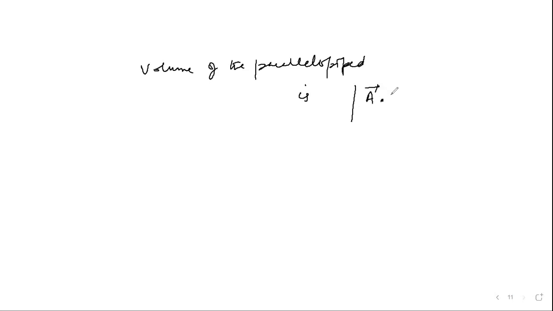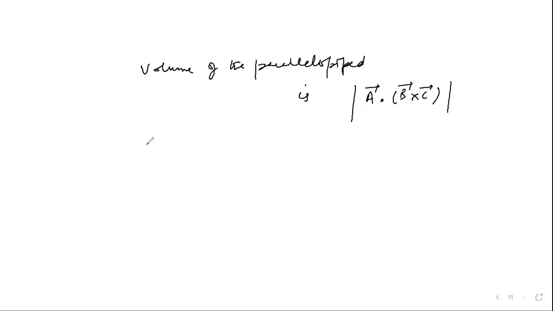In general we say the volume of the parallelepiped, which we have shown in the diagram, is mod of A dot B cross C, in order to exclude the possibility of negative volume. We cannot have a negative volume, right?